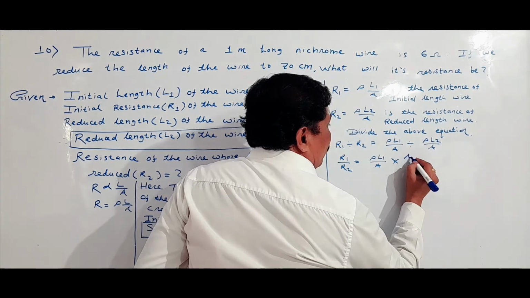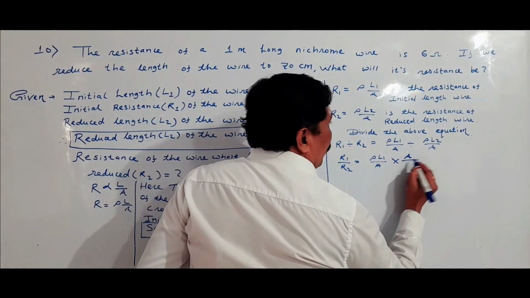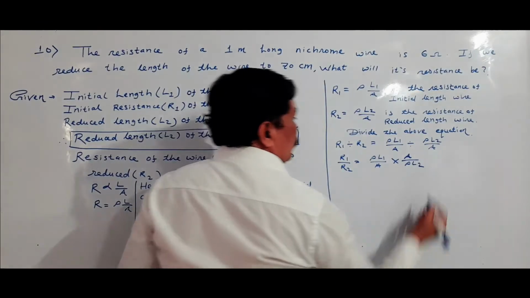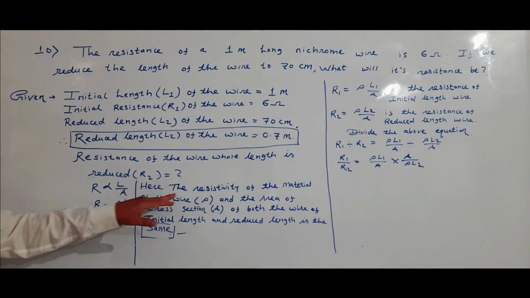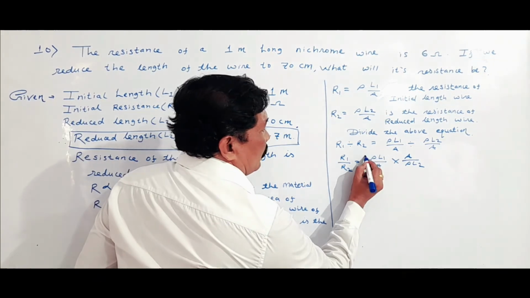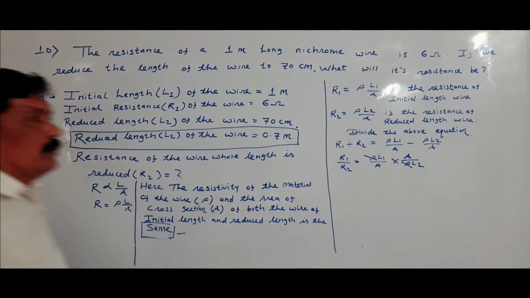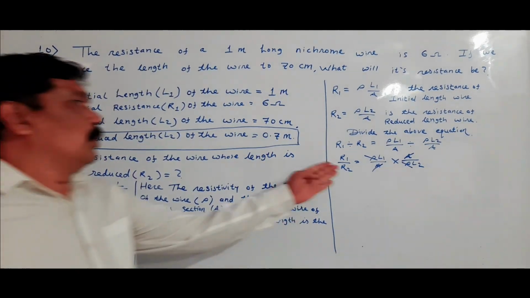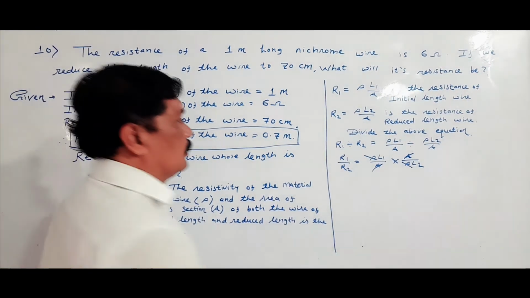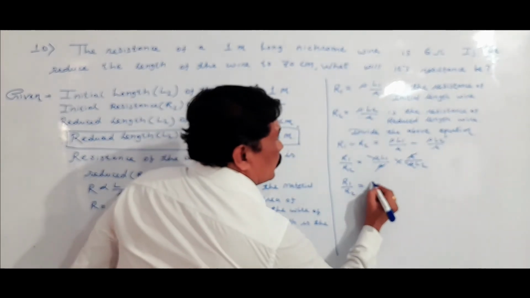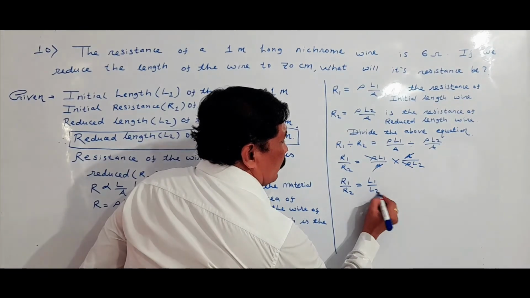So we can write A upon rho into L2. Here the resistivity of the material and the area of cross section of both the wires is same. So rho will get cancelled, A will get cancelled. R1 upon R2 is equal to L1 upon L2.